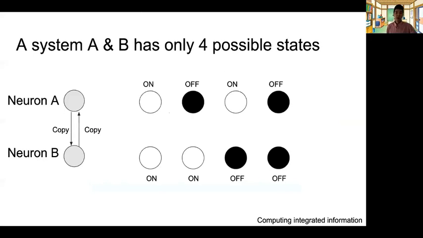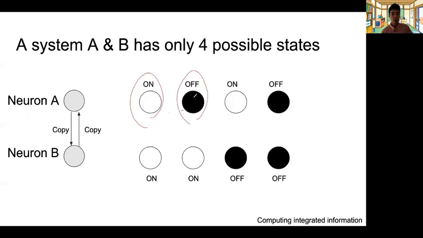Let's start with the most simplistic system. We now consider hypothetical neurons A and B, which copy their states to each other with a time step difference. In this system, you can imagine that there are only 2 states per neuron, so it's either on or off.